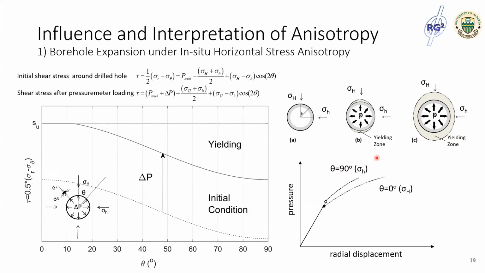So likely we will have the larger expansion in the direction of the maximum sigma H because of a larger development of the plastic zone in this direction, and we will have less plastic expansion in the direction of the minimum sigma H.